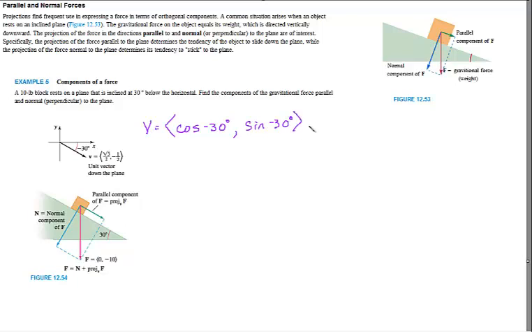And then they got square root of 3 over 2, and then the -1/2 in the i and j directions.